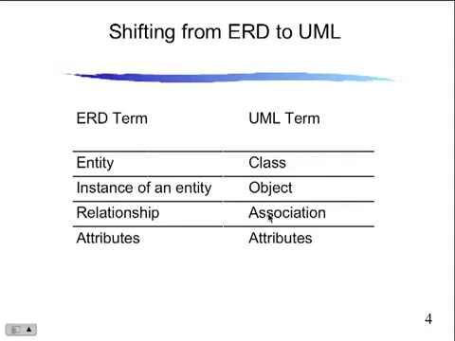We don't have relationships in UML, but we have associations. People are sometimes confused about the differences between a relationship and an association. I always think of it as, are you friends or acquaintances? If you're an acquaintance, you're an association. If you're a friend, you have a relationship with that person.